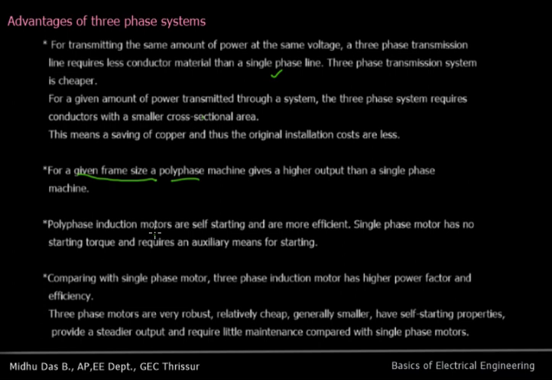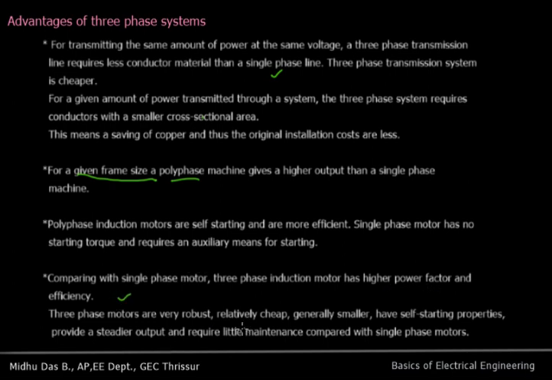Then polyphase induction motors, you will see the explanation for these points in detail in higher semesters when you learn about induction machines and other AC machines. Three-phase induction motors are self-starting and more efficient, whereas single-phase induction motor is not self-starting. You need some other methods for starting the single-phase induction motors. Then comparing with single-phase motor, three-phase induction motor has higher power factor and efficiency.